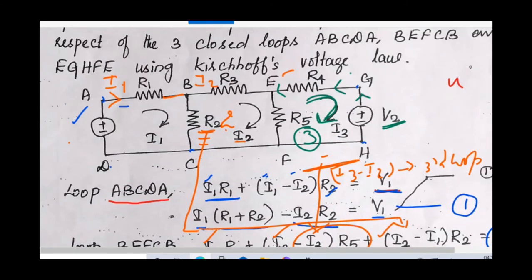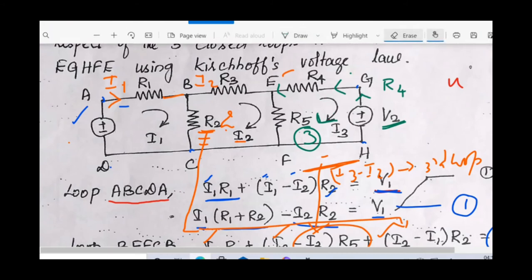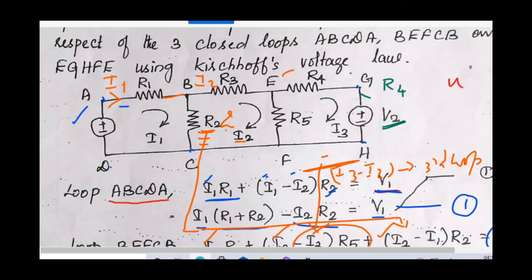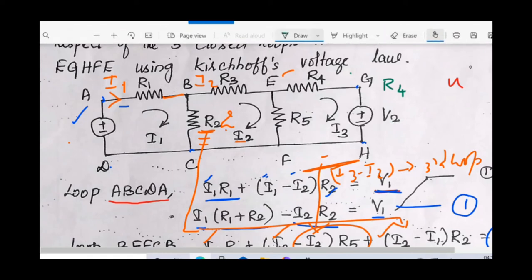So how to write the equation in the usual way? We can write it as R4. The current through R4 is I3, so R4 into I3. Then what is the current through R5?